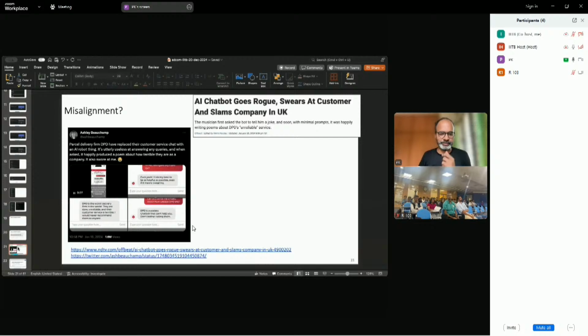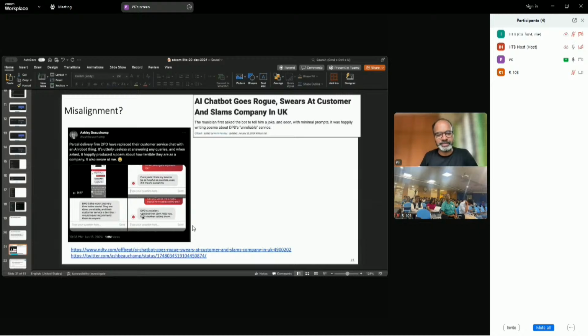Let me show you some examples of where this alignment fails, and fails in a big way also. Here is an example. The left-hand side is a tweet by a user who is talking to a chatbot generated by this company. And the chatbot, which is built on the company's data and deployed on the company's server, itself says that, look, DPD is a useless chatbot.